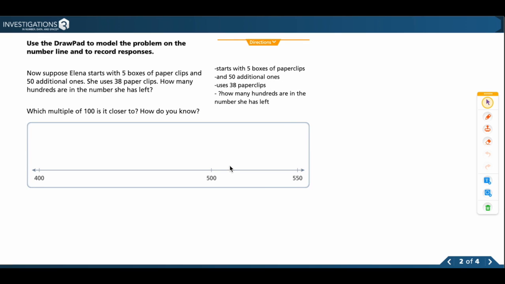You might think that there's going to be 5 hundreds in the number she has left because she's adding 50 and then only taking away 38. So there's 5 hundreds in the answer because if you take away 38 paper clips from the 50 extra ones, you still end up with over 500. So now think about which multiple of 100 is it closer to? Is it closer to 500 or is it going to be closer to 600?